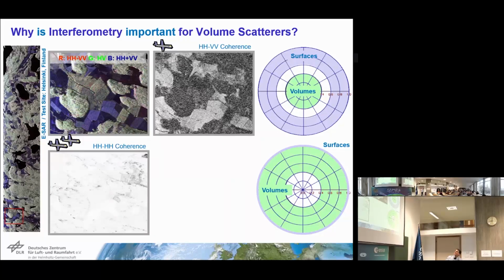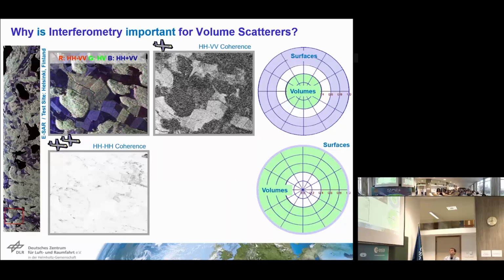Now with interferometry, theoretically, we will see in a moment that this can change, but in principle, if you don't have other decorrelation mechanisms, your SAR phases are on the border of your complex plane, but now you gain a lot of space for the volumes.